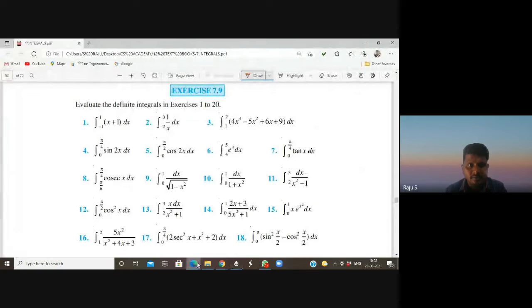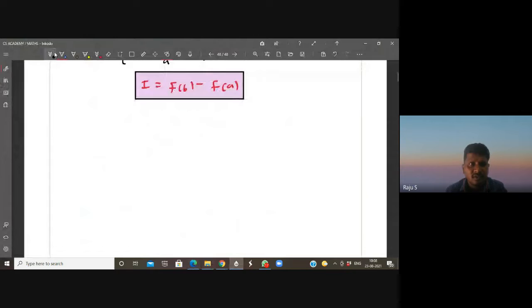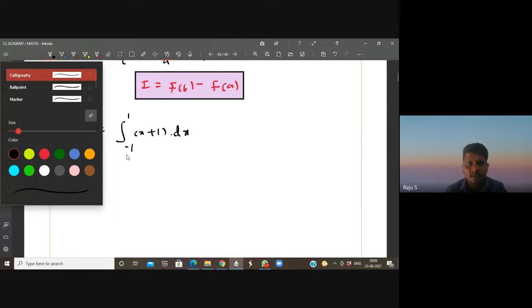Next step, evaluate the definite integral in exercise 1 to 20. So see students, the first one is I is equal to the integral with limits minus 1 to 1 of (x plus 1) dx.